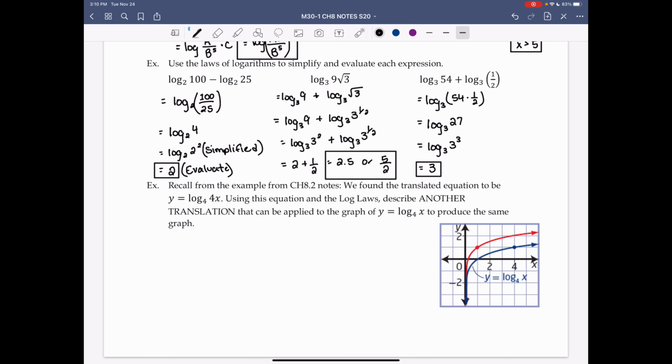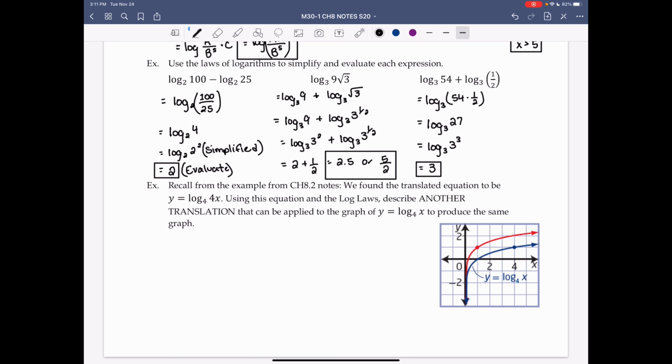Recall from the example from Chapter 8.2 notes, we found the translated equation to be y equals log base 4 of 4x. Using this equation and the log laws, describe another translation that can be applied to the graph of y equals log base 4 of x to produce the same graph.